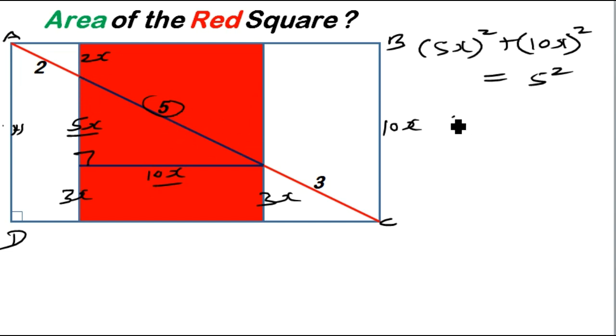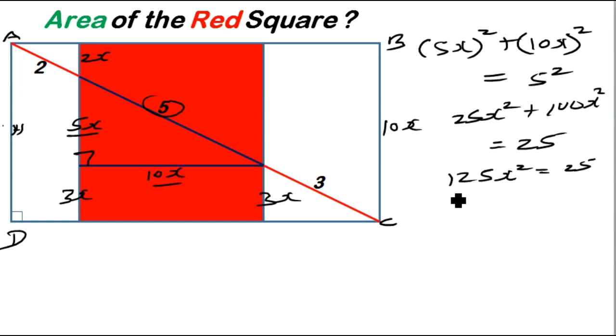So 5x squared is 25x squared, plus 10x squared is 100x squared, equals 5 squared, which is 25. So 25x squared plus 100x squared is 125x squared, equivalent to 25.